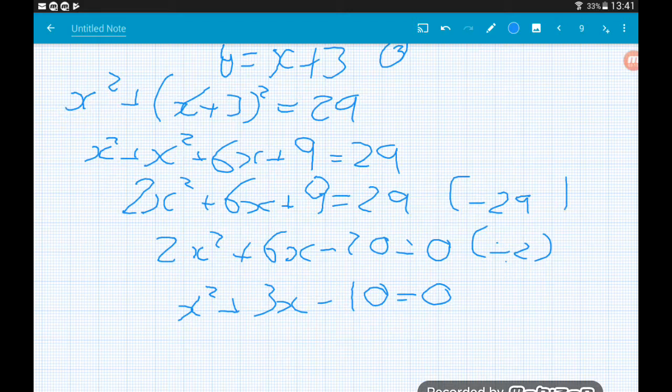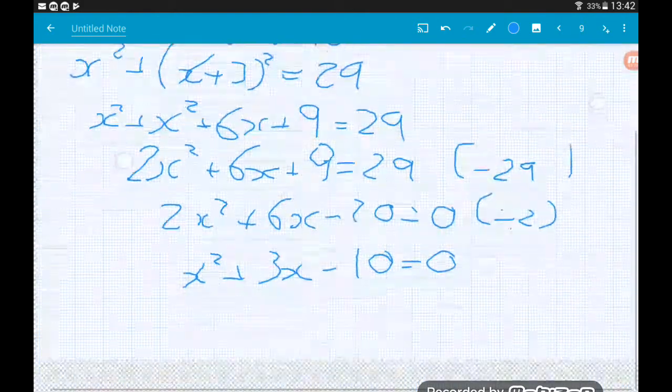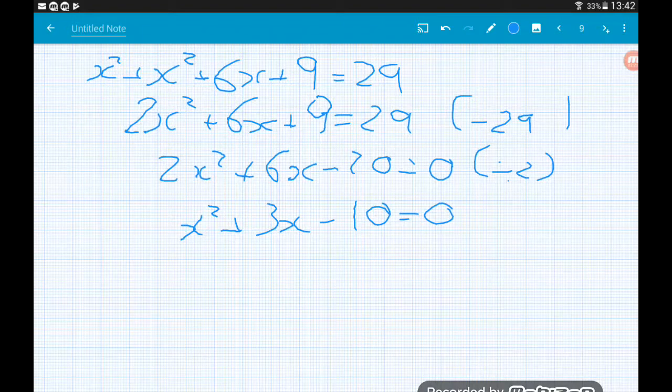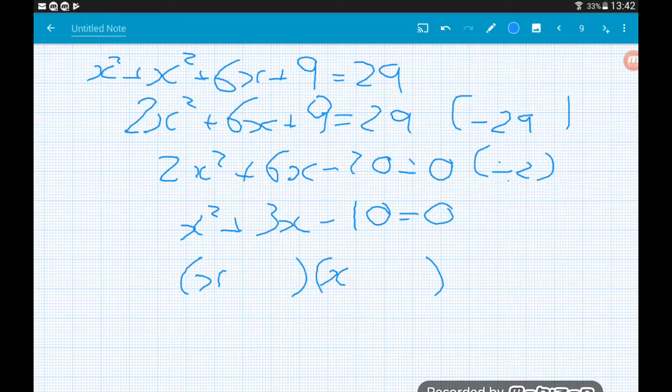Okay, so we've got our quadratic in x in its simplest form. We now need to factorise and solve it. So if we factorise this bad boy, we're going to get a double set of brackets. Now our two numbers need to multiply to minus 10 and add together to 3.